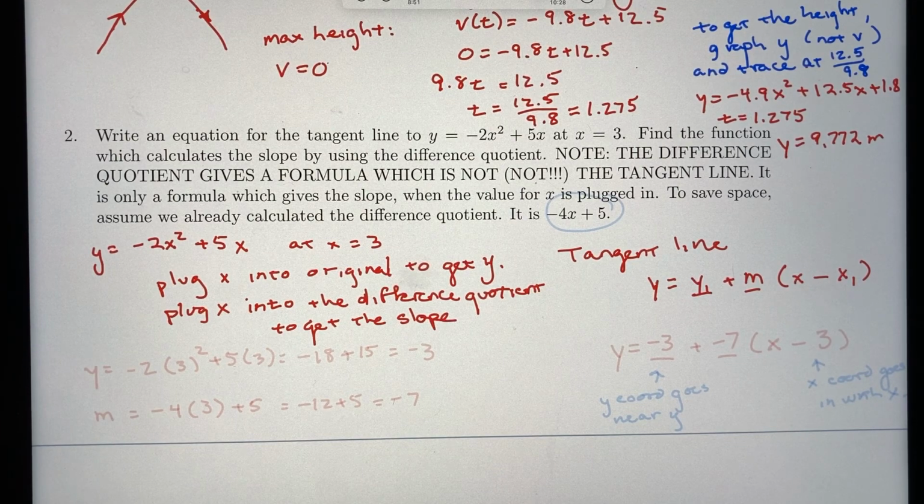Okay, and we are pretending that we have already calculated the difference quotient, just because life is too short to do all those limits again.